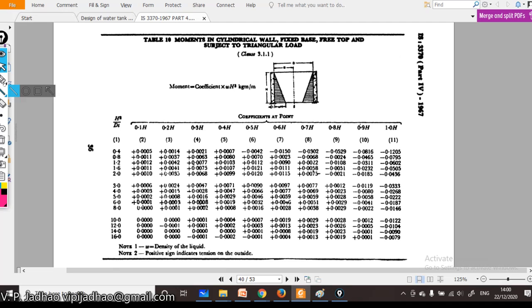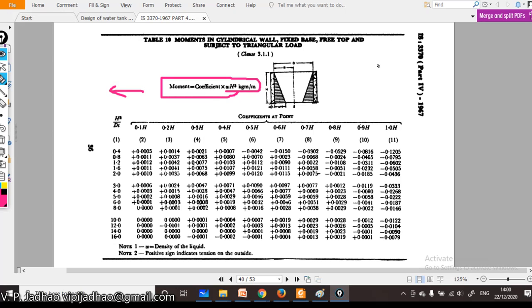Again, you can see here these values or this bending moment formula is given in kg meter per meter, and we want it in kilonewton meter per meter.